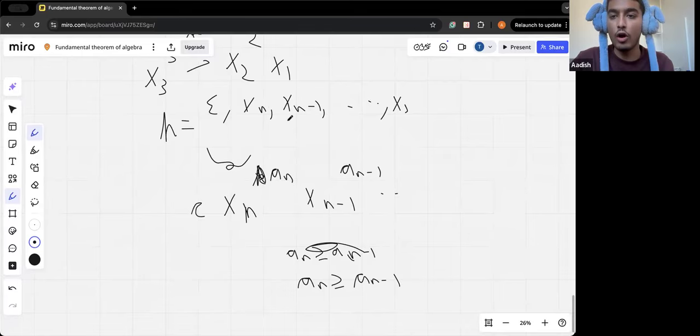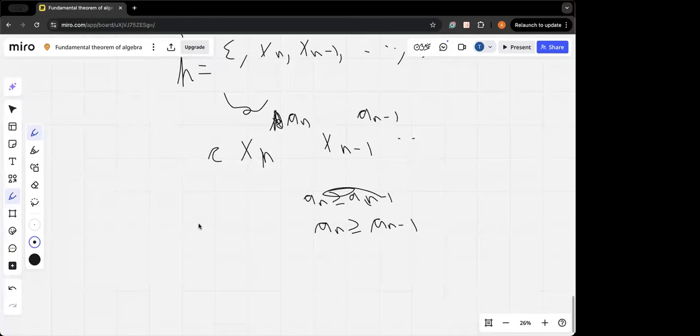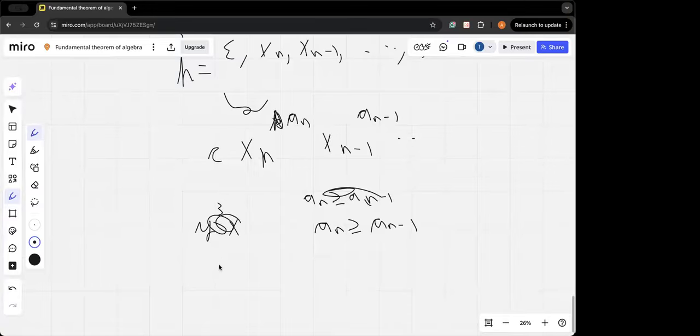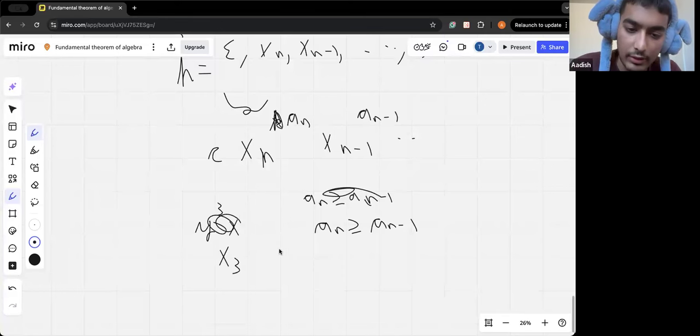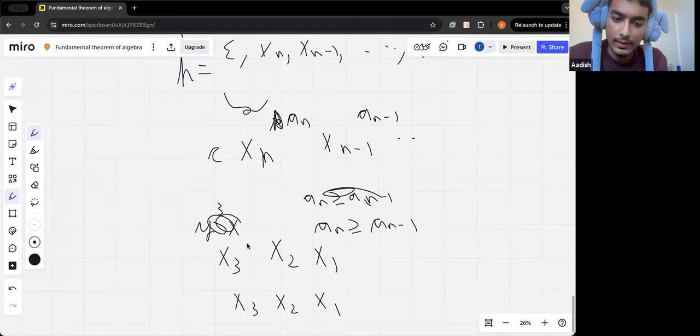No. The thing is, we have ordered in terms of indexes, so we have taken the highest power of xn, then the highest power of xn minus 1. I'm trying to think how to say what I'm trying to prove. x3, x2, x1: 3, 4, and say 0.